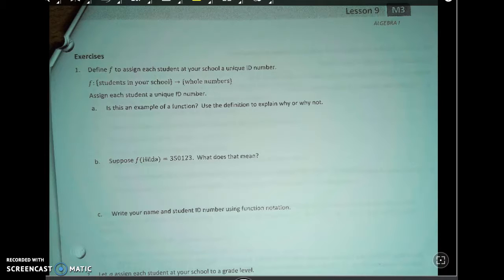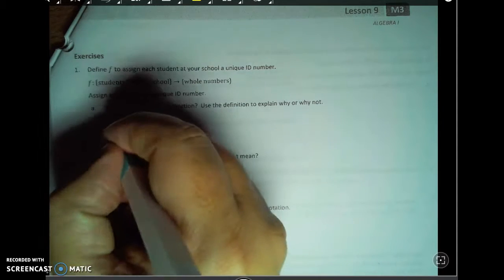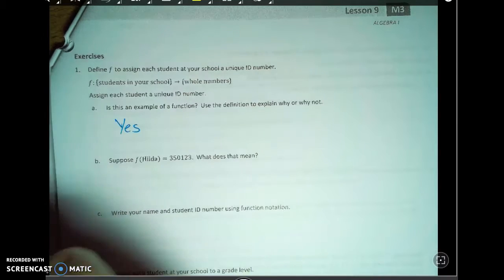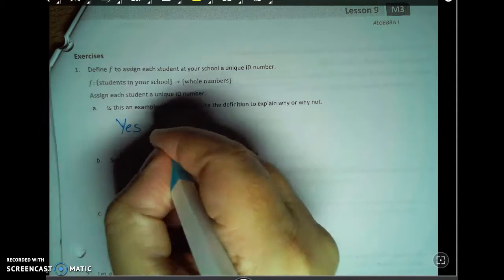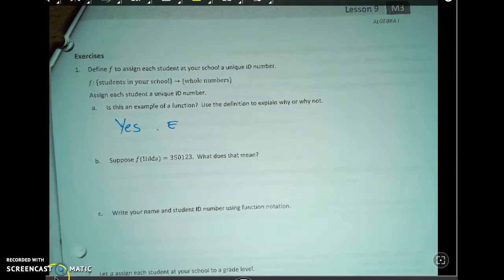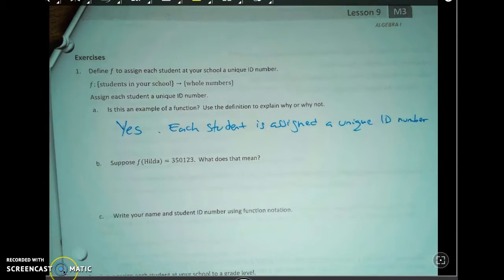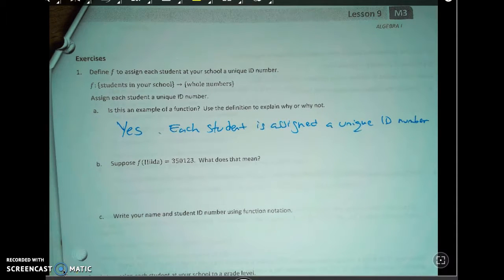Is this an example of a function? Use the definition to explain why or why not. If you answered yes, you are correct, because each student has a unique ID. Each one of the students gets his own ID number.